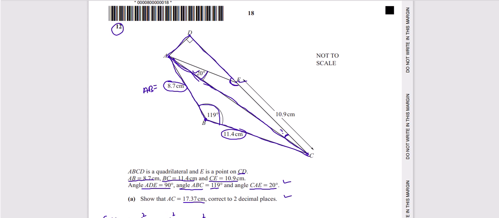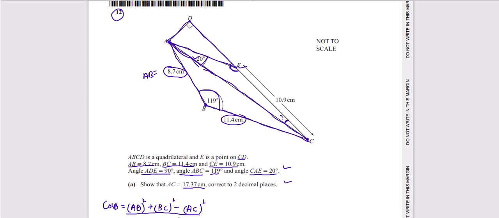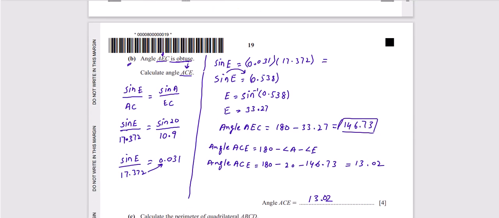So now we use the triangle AEC to calculate the length of this one. First of all we calculate this length. To calculate this one, AE, we use the law of sine.